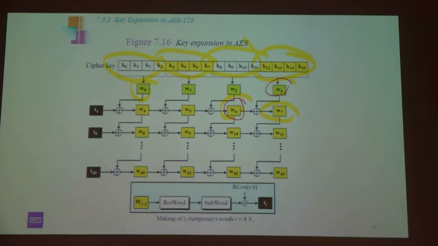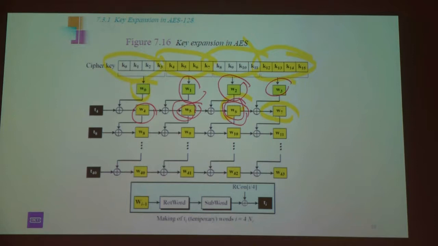You take the word above it and the word to its left, you XOR them together, you get the word. Simple? Word 3 we know where it's coming from. How about word 6? By XORing word 2 with word 5. How can I get word 5? XORing W1 with W4.